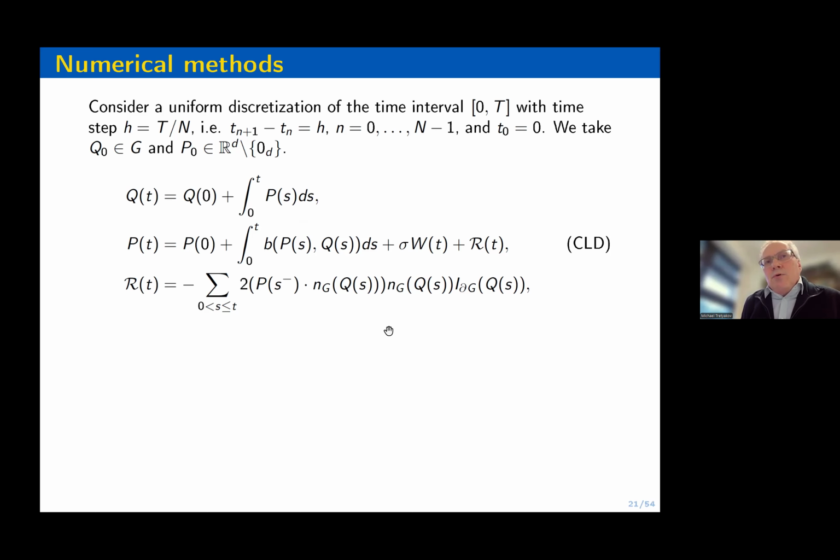For those states, we can use more or less any method from stochastic numerics for SDEs in the whole Euclidean space. But when our approximating Markov chain comes closer to the boundary, we need to do something about it.